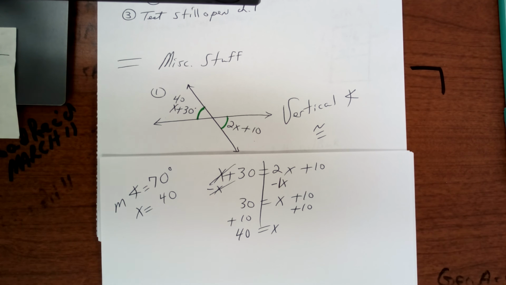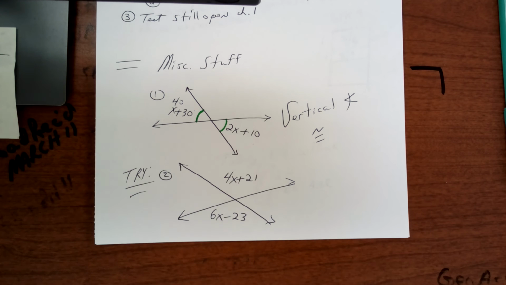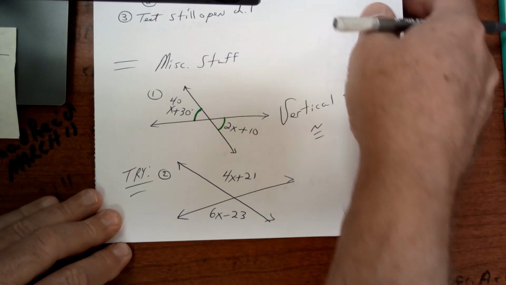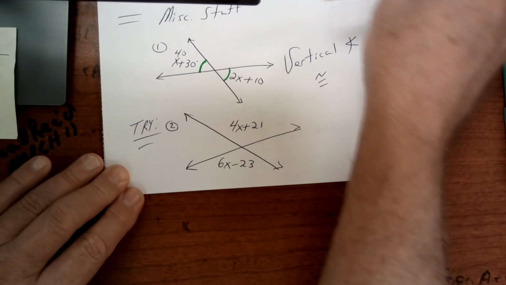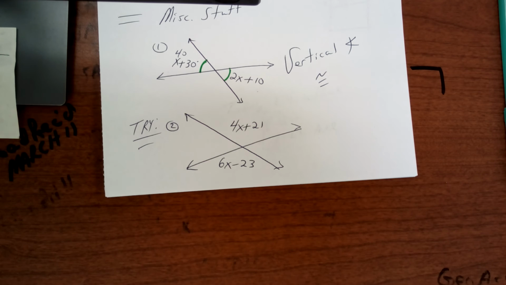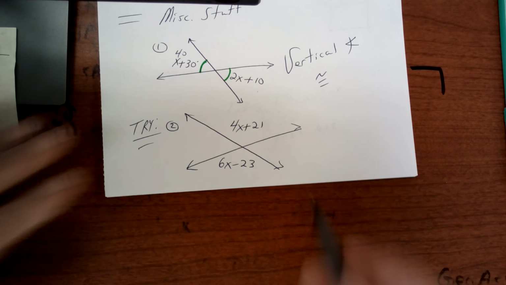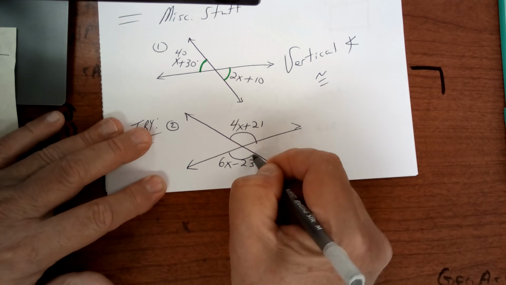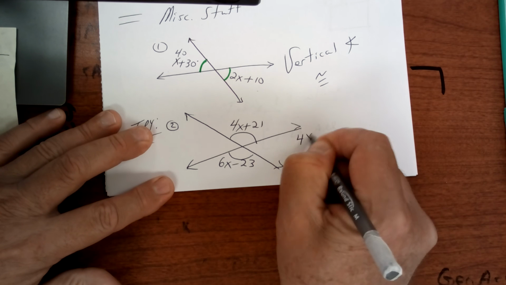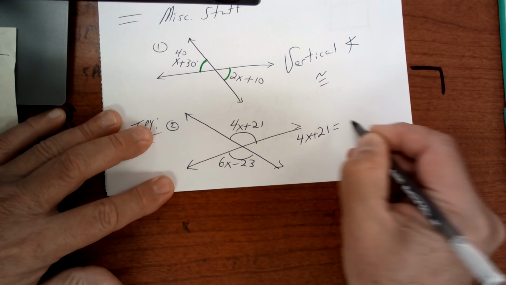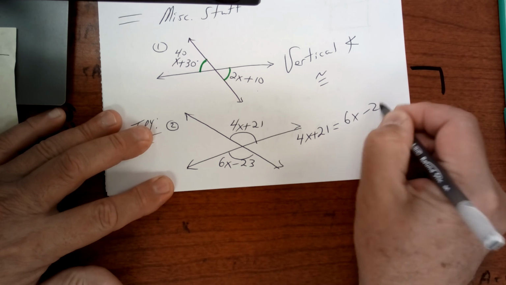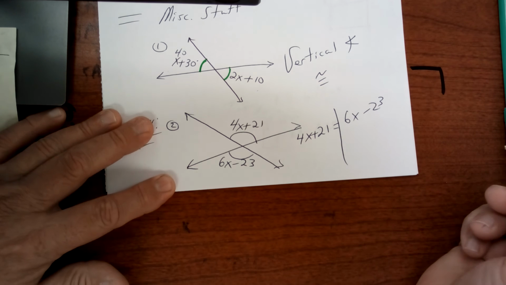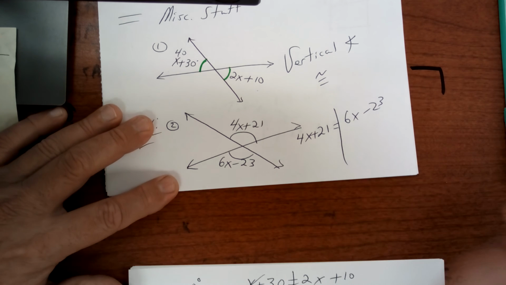Now I want you to try this one. Identify the vertical angles and then work it. Well, this angle is opposite that one, so they're vertical. So put 4x plus 21 is equal to 6x minus 23. Draw a line. Remember, have your calculators on your desk to avoid demerits.